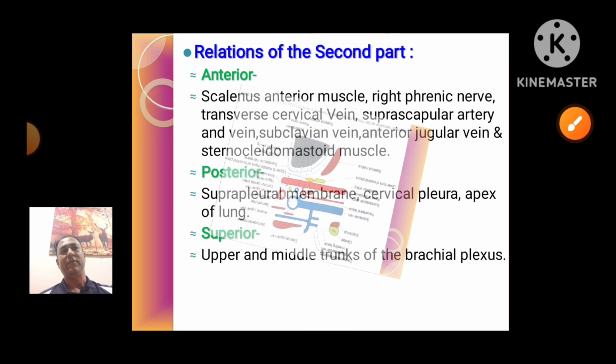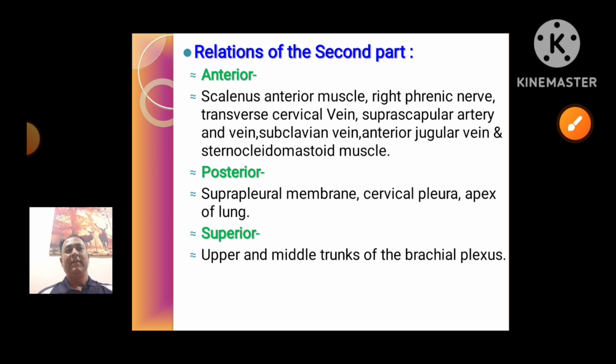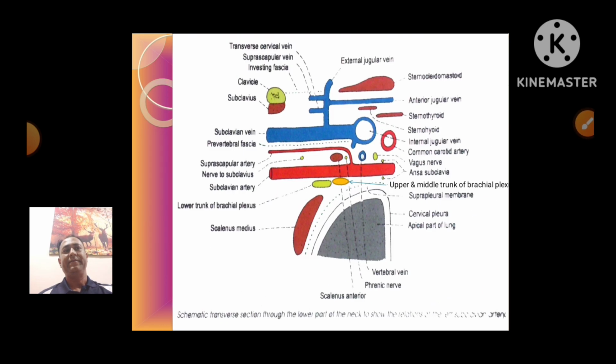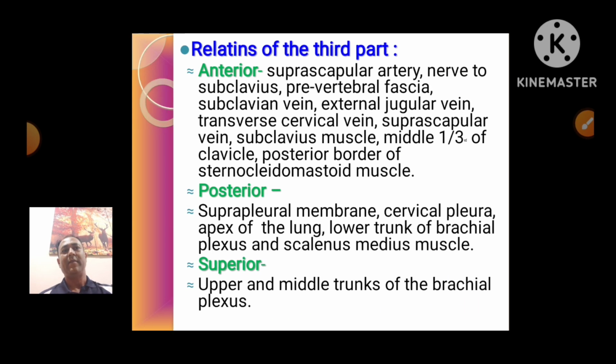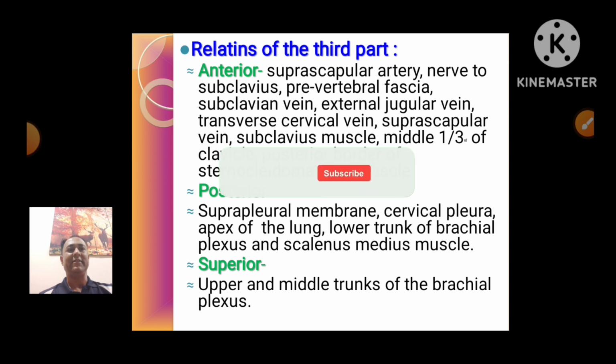Okay, so third part posteriorly, here you can notice the three from the first and second part are there, साथ में दो एडिशन में ऐड हो गए, that they are lower trunk of brachial plexus and scalenus medius muscle, and superiorly same as second part, upper and middle trunk of brachial plexus.